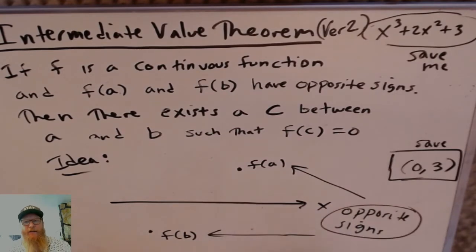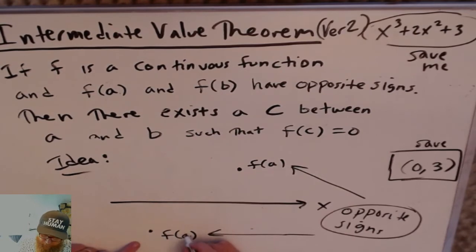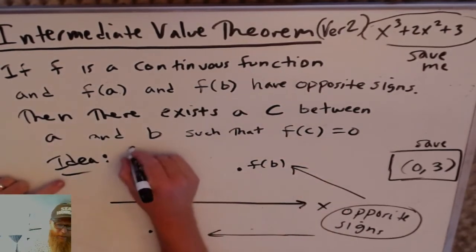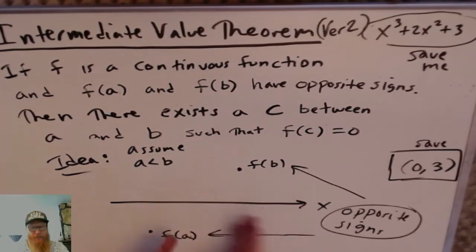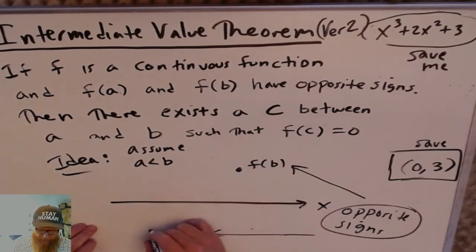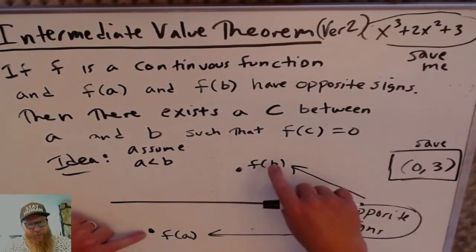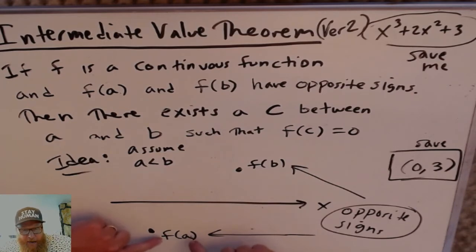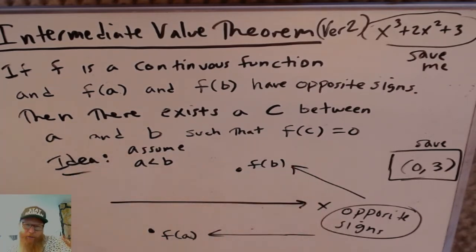We assume A is less than B. So A is the one on the left and B is the one on the right. So they have opposite signs, which means one of them is positive and the other one is negative. It could be the other way around. It could be that f of A is the positive one and f of B is the negative one. We don't know.